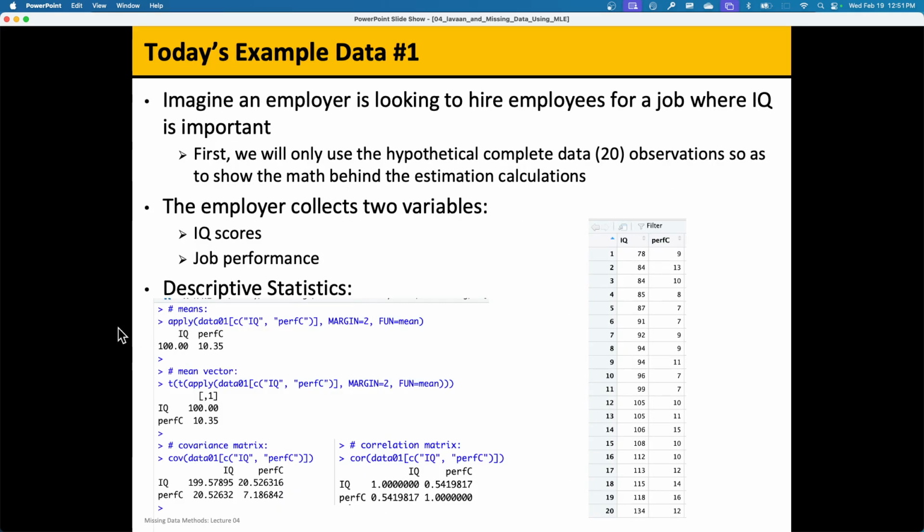And again, we have a few descriptive statistics here. We have the means. I'm going to reorganize those means into something called a mean vector, because now you're going to hear the terminology that shows up with multivariate normal. When you're reading about it, people will call that a mean vector. We'll also talk about the covariance matrix.